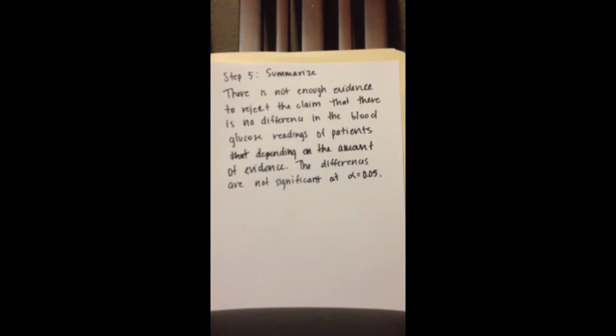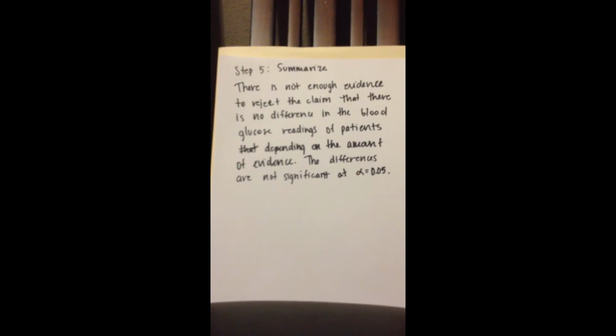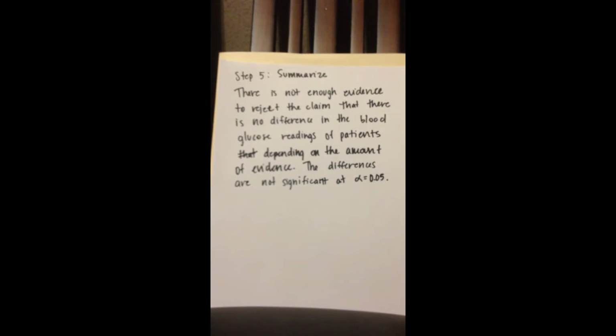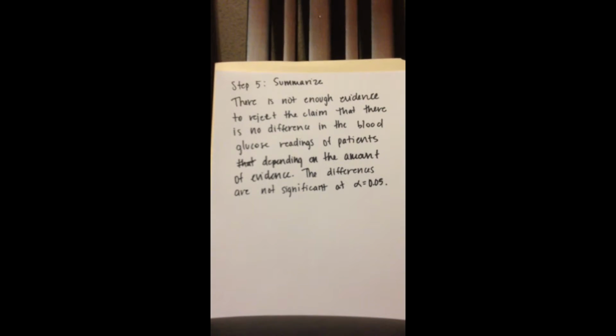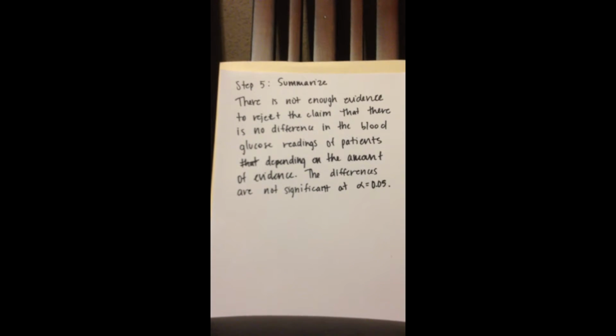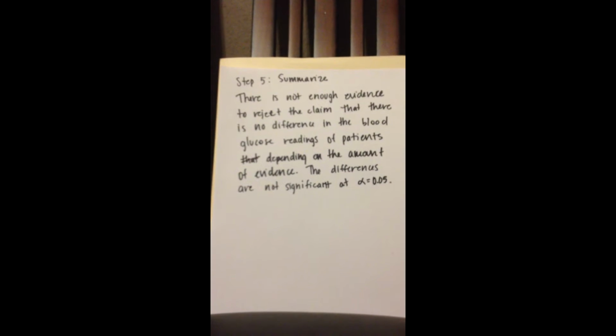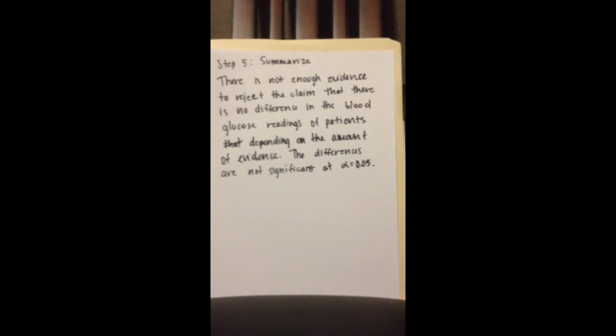So now, after we have made our decision, we have come to the conclusion and summary that there is not enough evidence to reject the claim that there is no difference in the blood glucose readings of patients depending on the amount of exercise they receive throughout the week. The differences are not significant at alpha equals 0.05. And this concludes an example and a short lesson of the Kruskal-Wallis test.